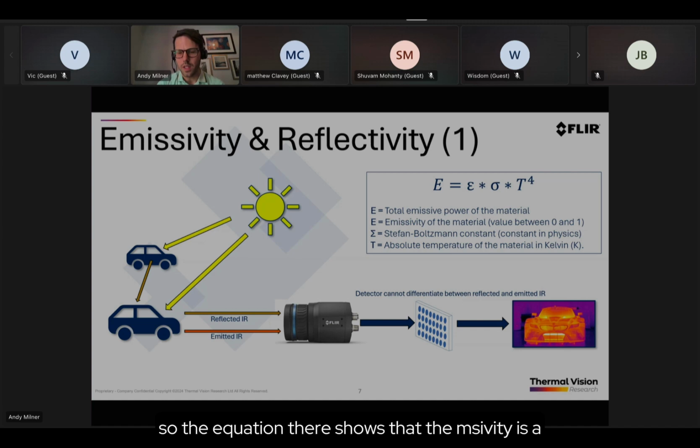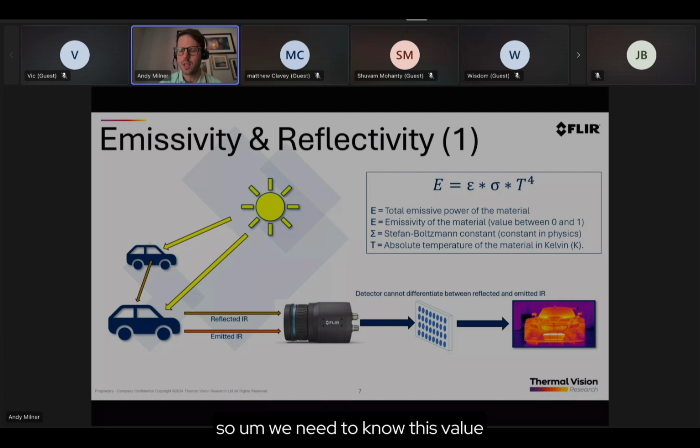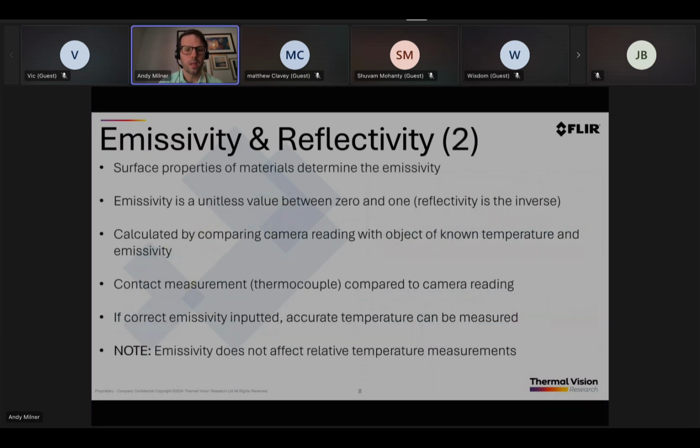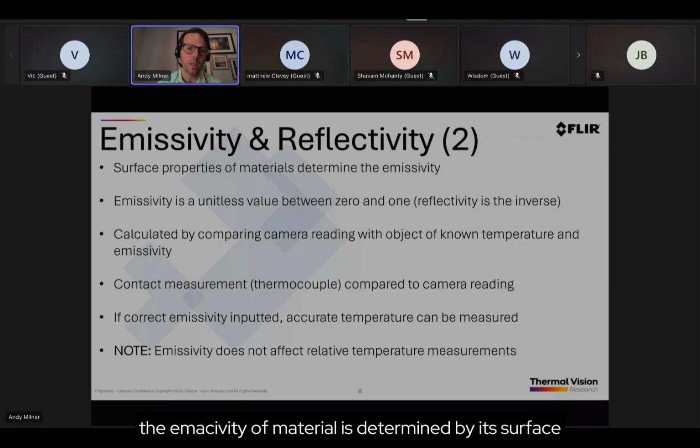The equation there shows that the emissivity is a kind of scalar value that determines what the temperature will be. This is a value between 0 and 1, and it's unitless. We need to know this value before we can accurately measure the temperature. The emissivity of a material is determined by its surface properties.